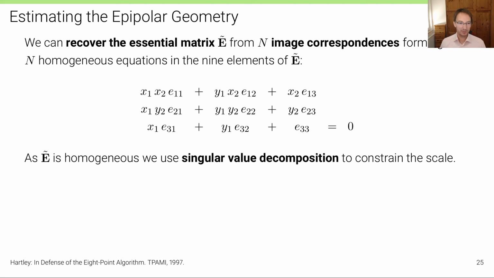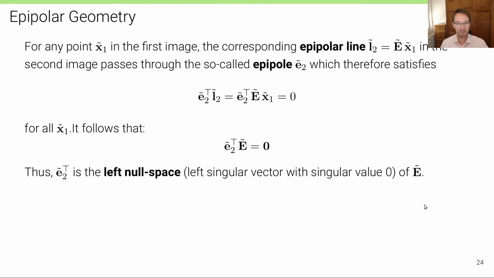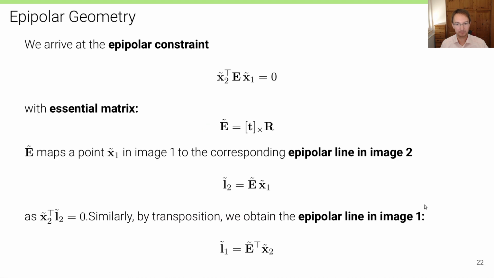Now, with these correspondences, we can form n homogeneous equations in the 9 elements of this essential matrix, because we have this constraint here, which gives us exactly one equation for each correspondence.